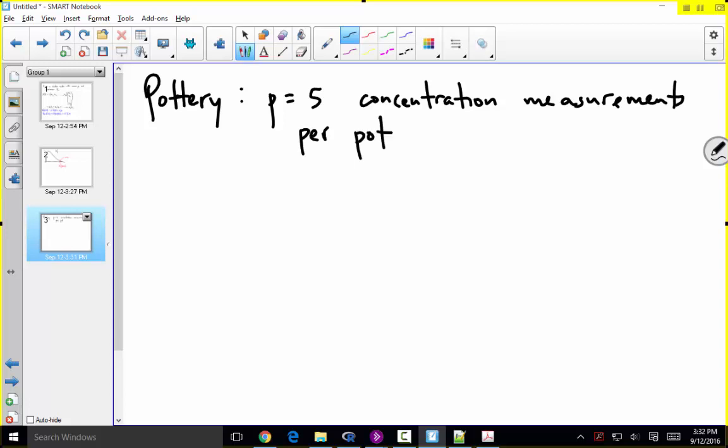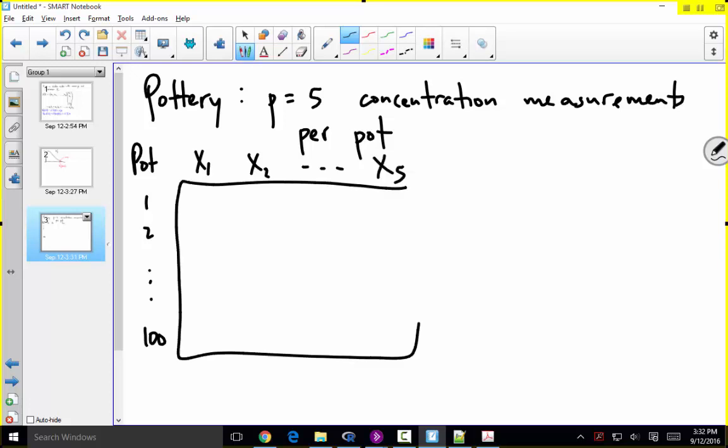So I go do the study. I randomly obtain 100 observations. So pot 1, and here's X1, X2, X5. Here's my 100 by 5 matrix of numbers.